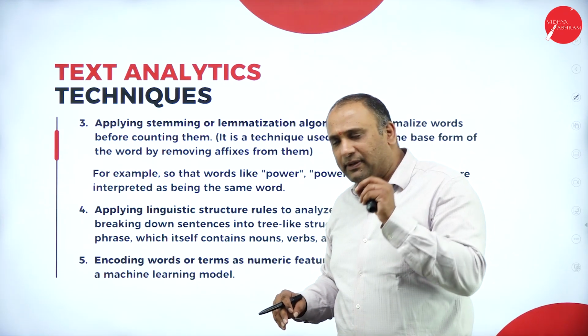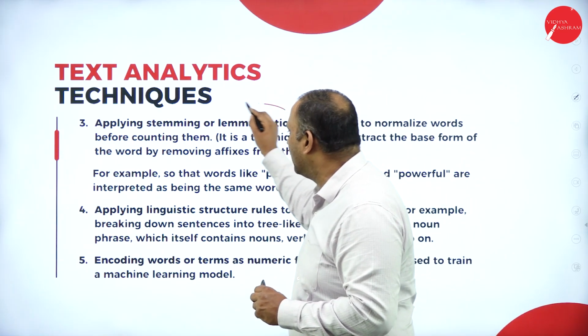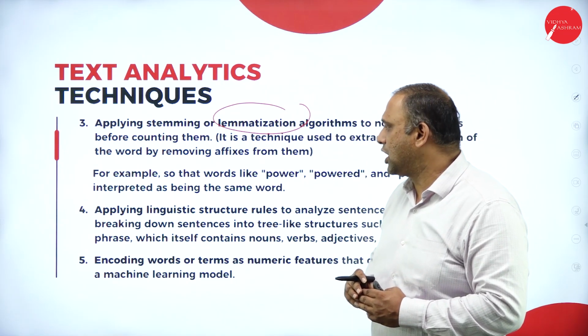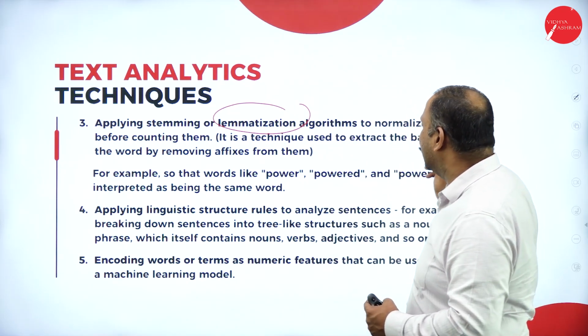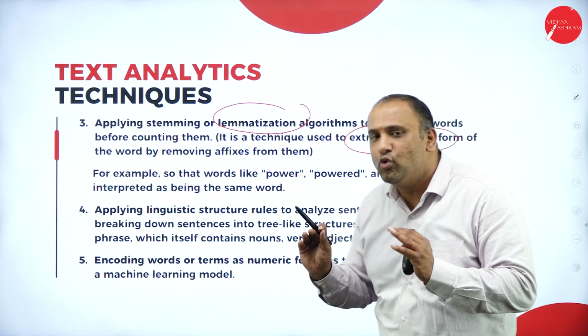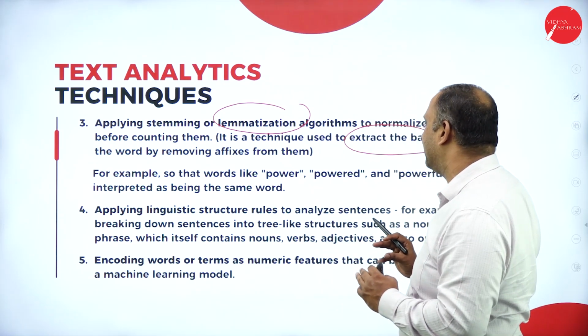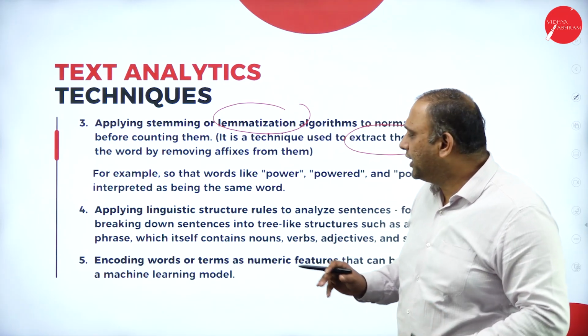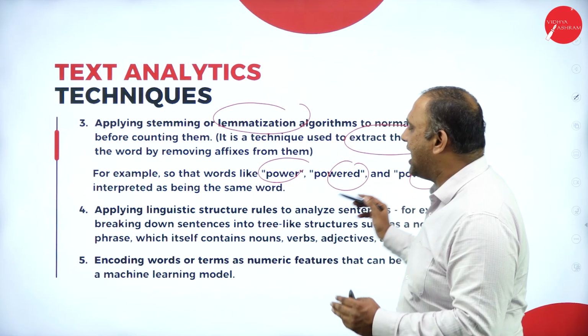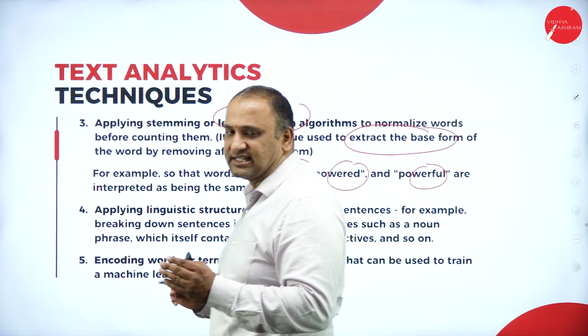We are going to apply a concept called stemming or lemmatization algorithms to normalize the words before counting them. Now, what is this all about? It is a technique to extract the base form of a word by removing the affixes. Let's say the words power, powered, and powerful are being interpreted as the same word.